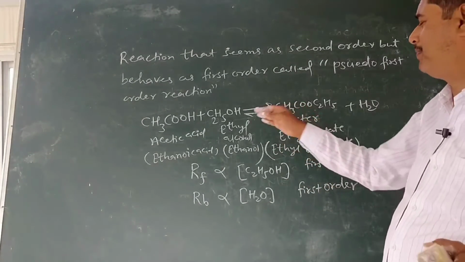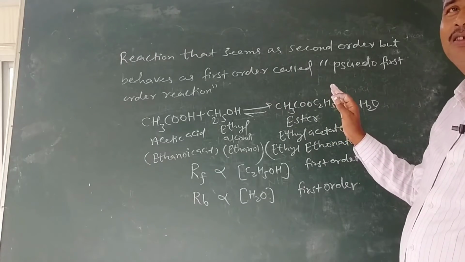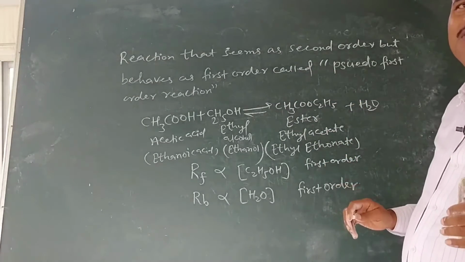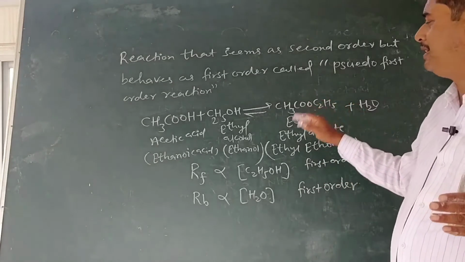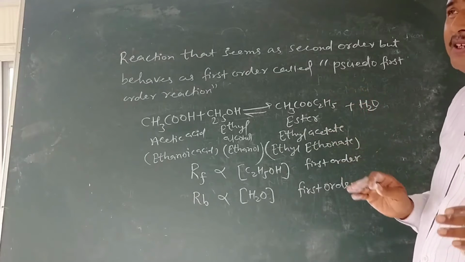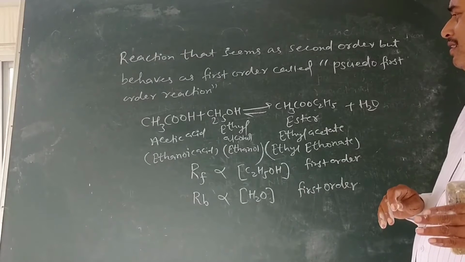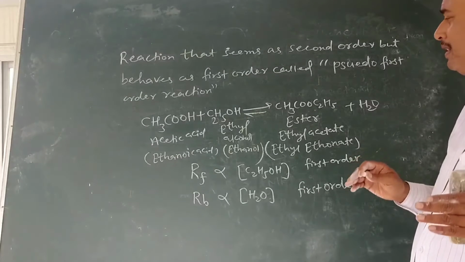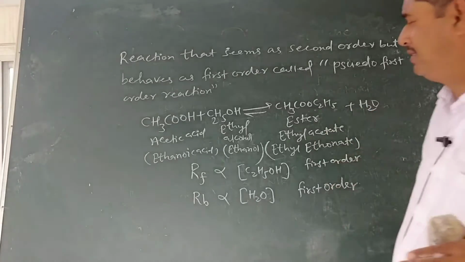On the basis of the reaction, we conclude it is of the second order, but on the basis of experimental data, we will obtain that in a real sense it is of the third order.